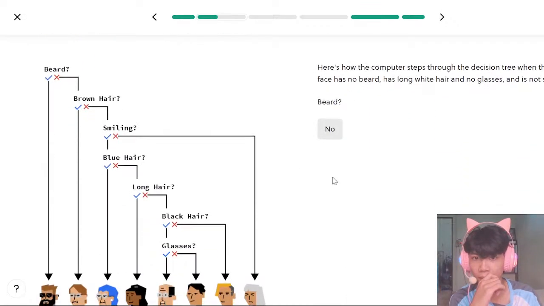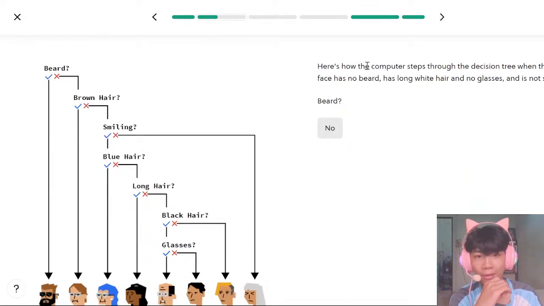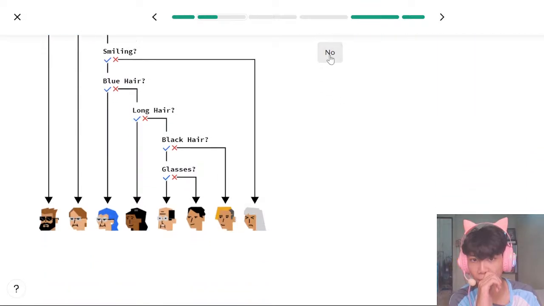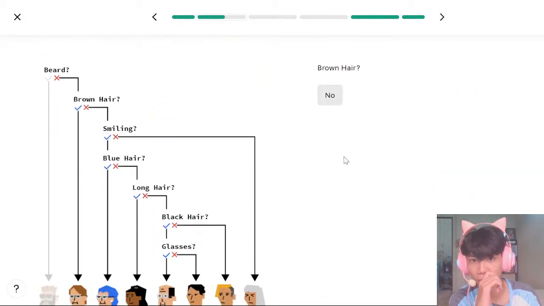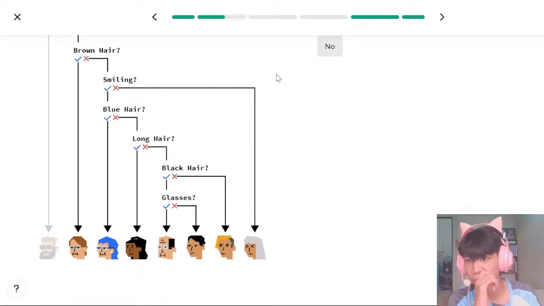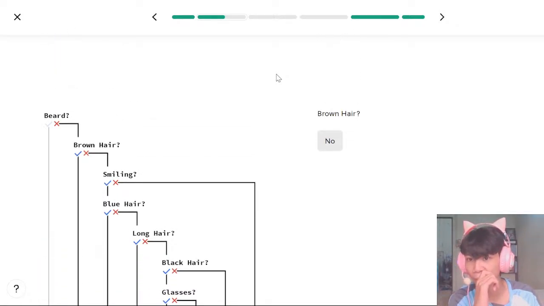Definitely. Here's how the computer steps through the decision tree when the input face has no beard, has long white hair and no glasses, and is not smiling. Beard? No. Brown hair?